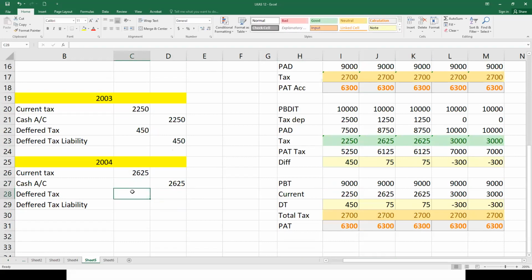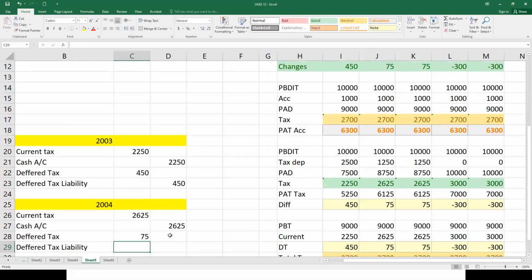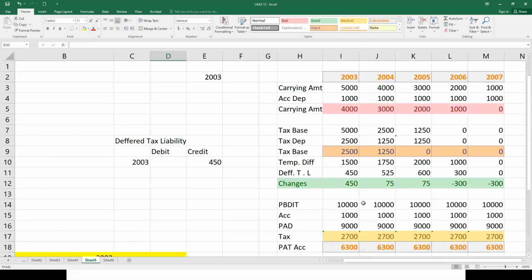And deferred tax, how much? Deferred tax 75. I will explain. Deferred tax liability equals 75. How do we get it? We know that at the end of year 2004, our deferred tax balance should be equal to 525.